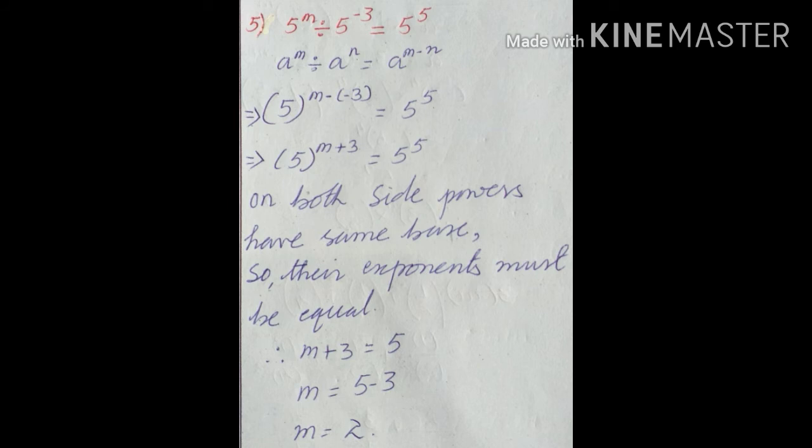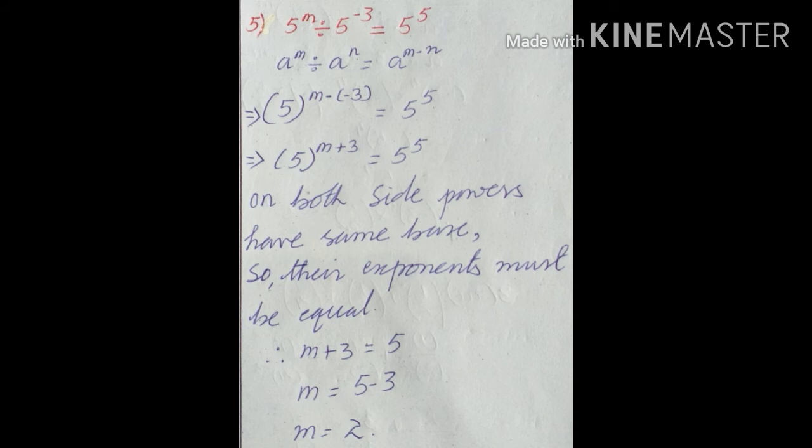Look, on both sides, the right side and the left side, the power is m plus 3 on the left with base 5, and on the right side the base is also 5. If the bases are the same, then their exponents must be equal. The powers will also be the same, so m plus 3 is equal to 5.